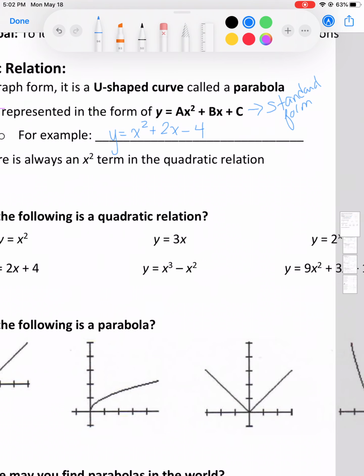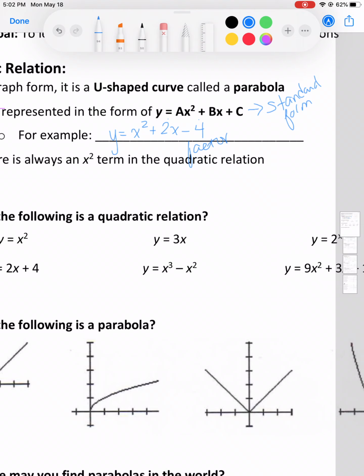We need to find out different things about it, which I'm going to go through, but also you guys would have to factor this. Okay, so the two things that add to that number but multiply to that number. Again, I just threw in a random equation. I don't know if you guys would be able to factor that. I don't think you can actually, not with the method I taught you anyways.